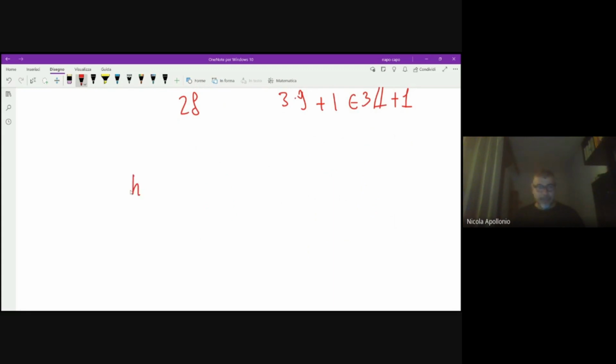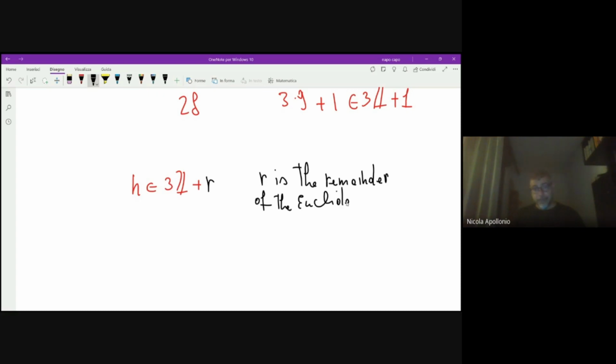So, to which coset does n belong? n belongs to the coset 3Z plus r if and only if r is the remainder of the Euclidean division of n by 3.